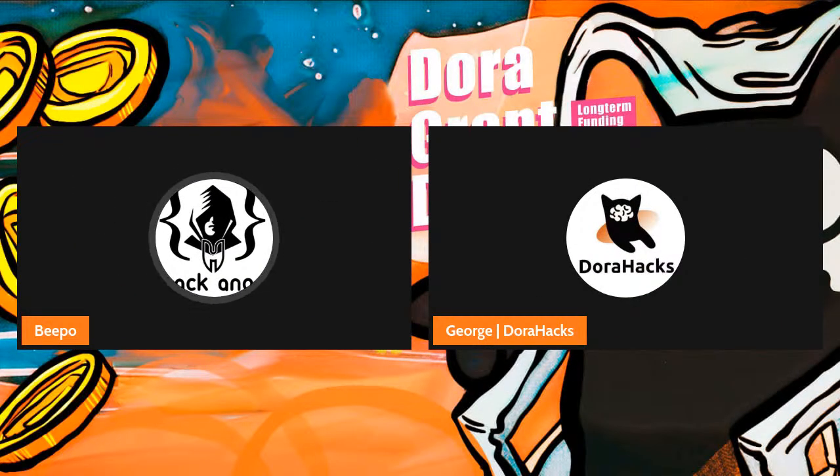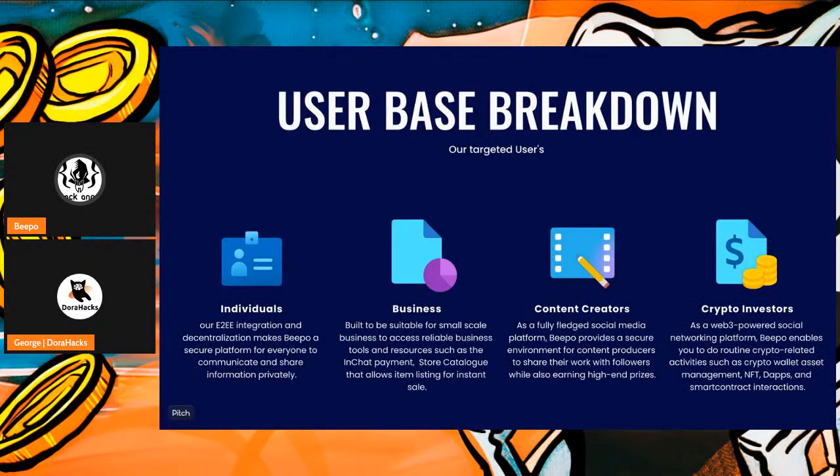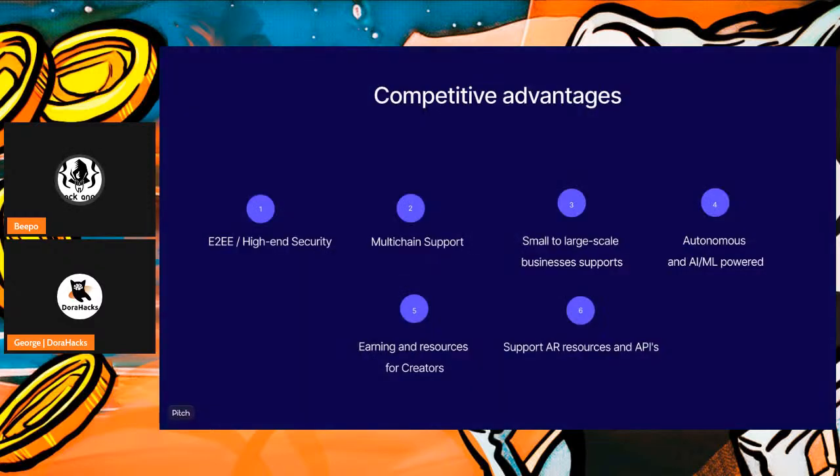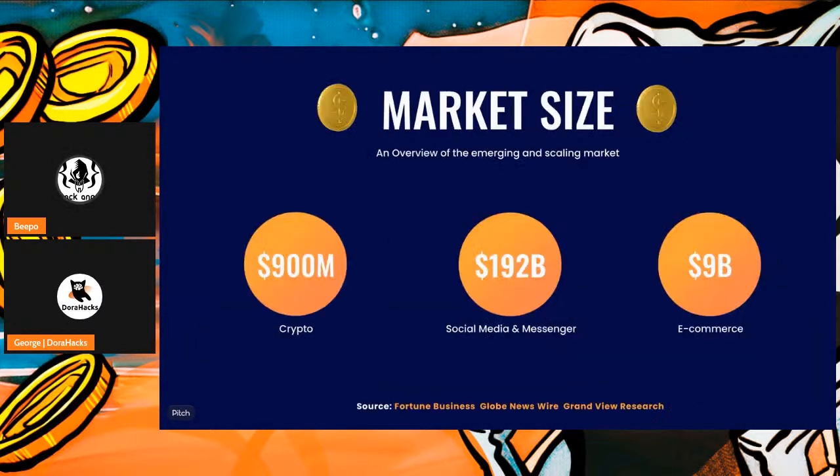Now let's go back to our slide and let me show you a couple of things. On our slides here, we can see the markets we are dominating, which is, we exist in the crypto space, the social media space, and the e-commerce space. What makes Beepo unique is that it is not just onboarding users from the crypto space.